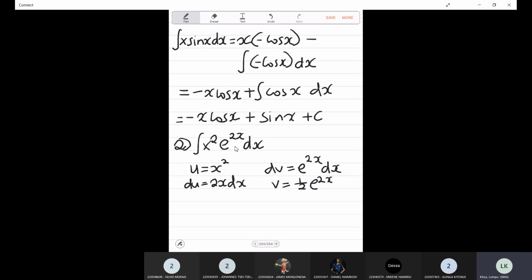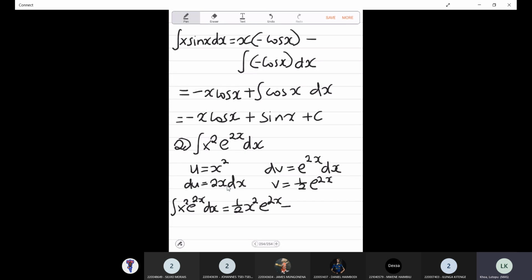So the integral of x squared e to the power of 2x dx is u times v, so x squared times half e to the power of 2x, which is half x squared e to the power of 2x, and then minus the integral of v multiplied by du.